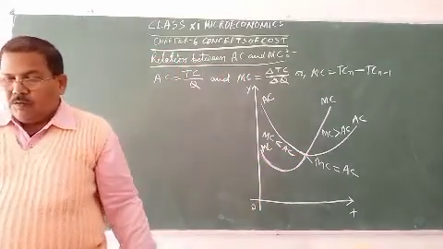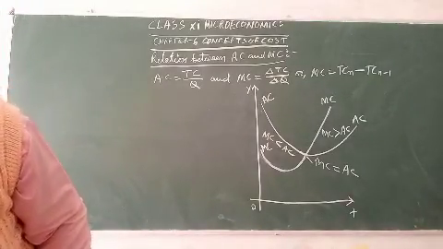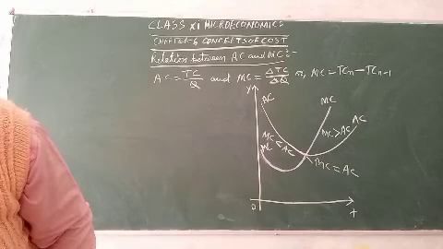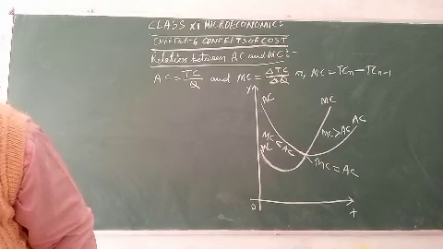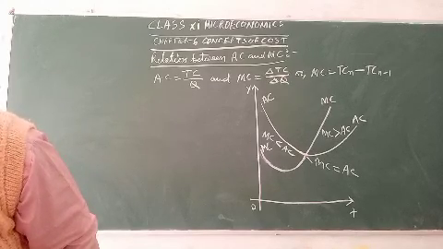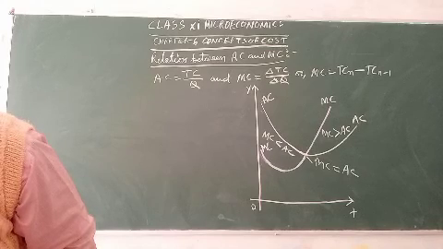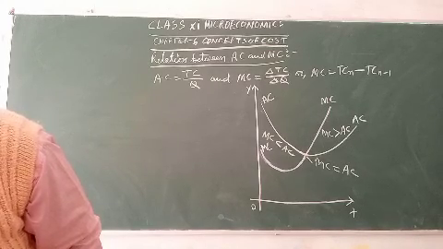Both the curves look like the English alphabet U. This is the fourth relationship between AC and MC. And the fifth relationship, since MC declines faster than AC, it reaches its lowest point earlier than AC. Hence, MC starts rising even when AC is falling.